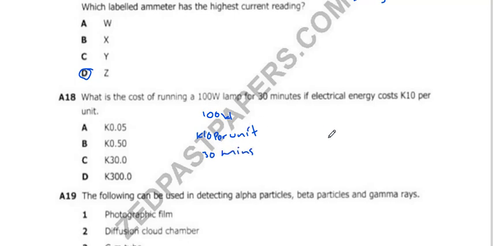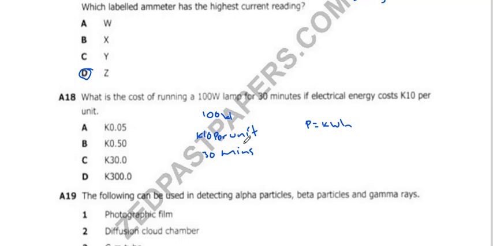So energy is given as power in kilowatt hours. That is how much power you use per kilowatt hour. So firstly, we need to convert these 100 watts to kilowatts.